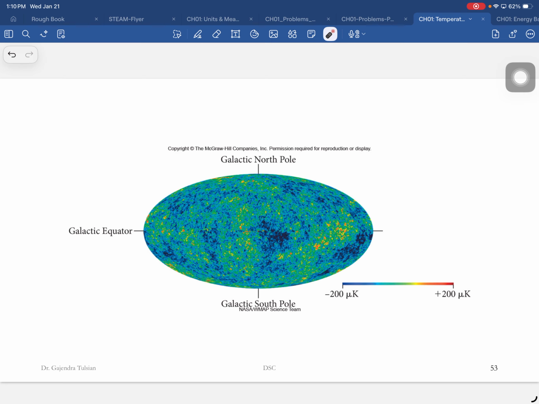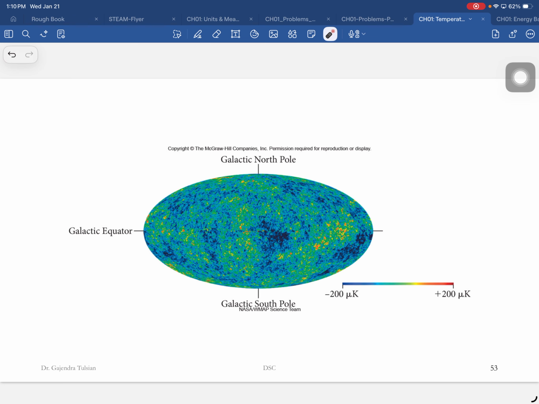You guys have seen this? So the average temperature is 2.7 degree Kelvin, and what this is showing you is the fluctuations from that temperature. The red spots are 200 microkelvins above the 2.73 average degrees, and this is below that temperature.